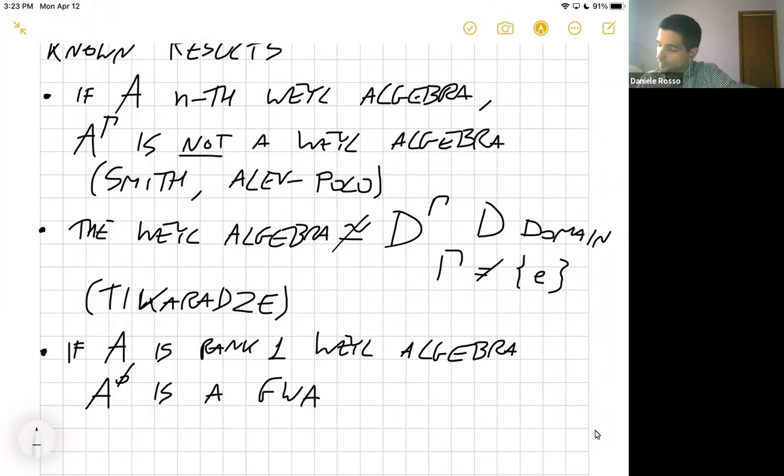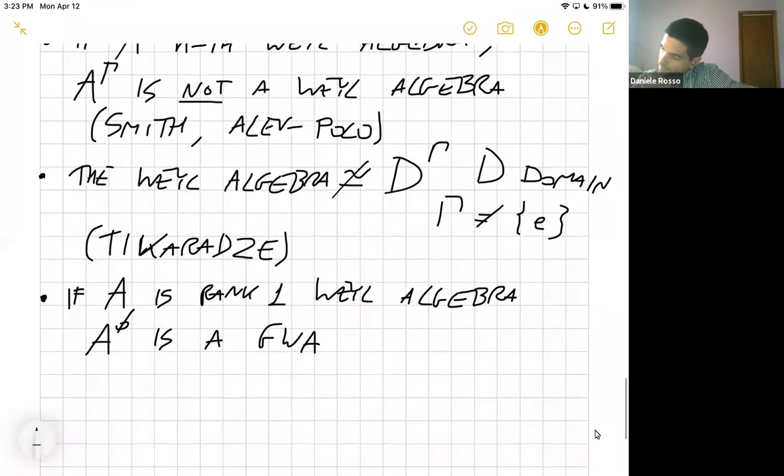And that's true for certain kinds of phi. This is true when phi is diagonal or linear.